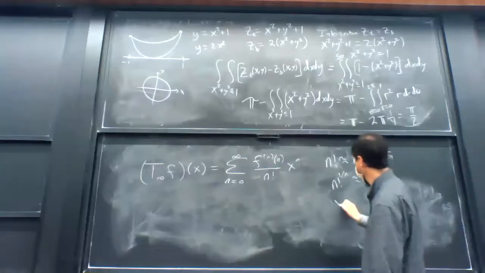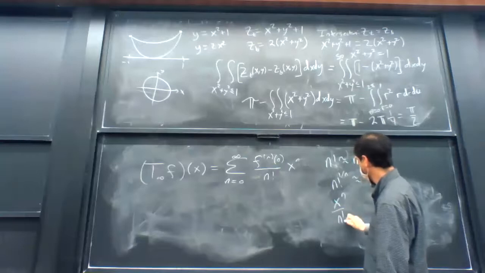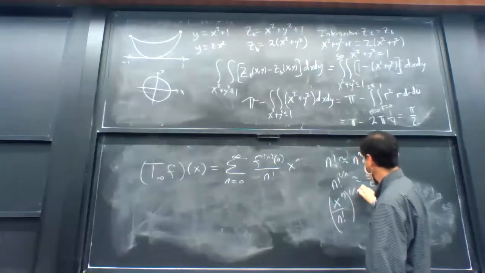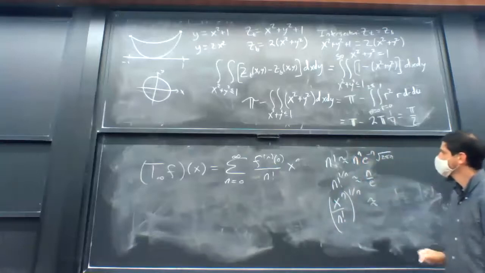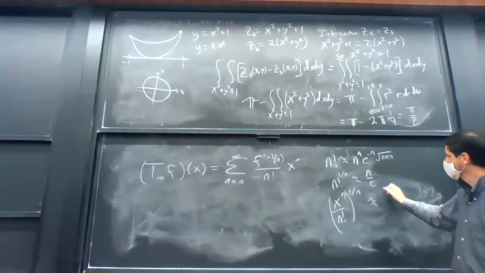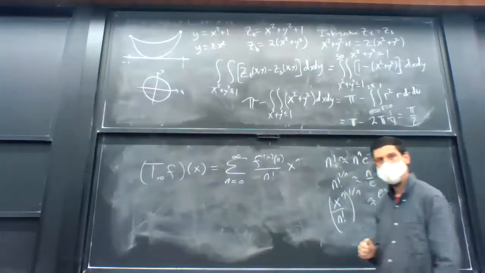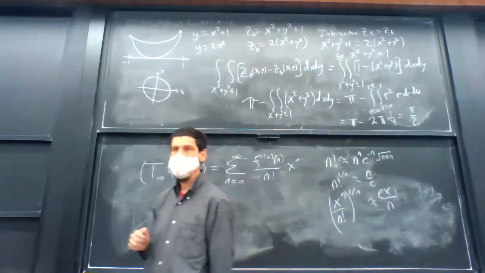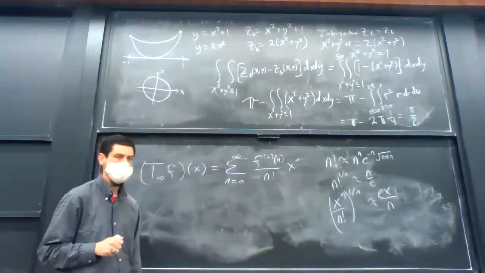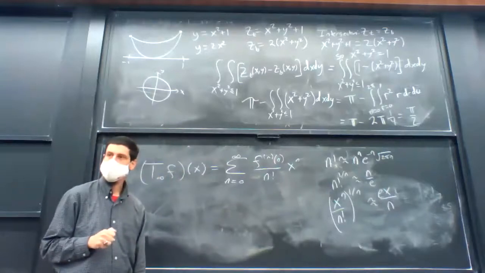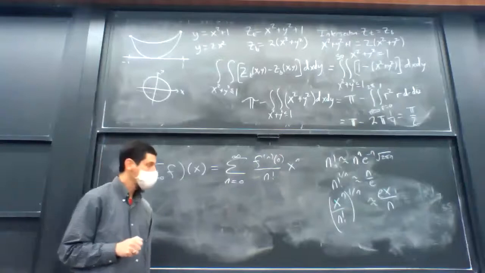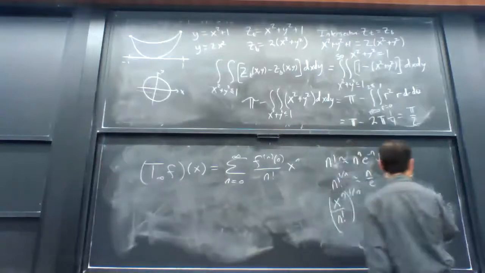So if we look at x to the n over n factorial and take the nth root of that, it goes to x divided by n over e, so it becomes ex over n. What do you know about ex over n? What happens to that as n goes to infinity? Goes to 0. So this is going to 0.